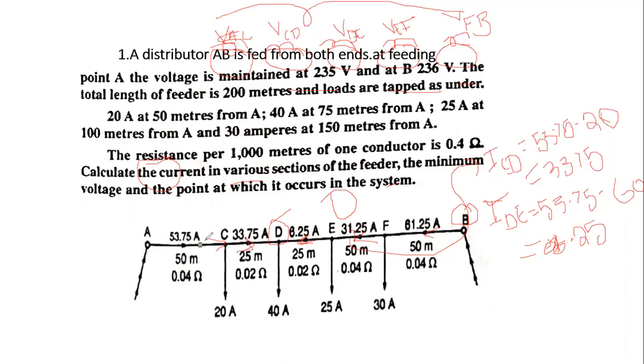Up to D point we take the directions like this, and after that we take the directions like this, when we obtain a negative value while calculating the currents at those sections. Like that we obtain the directions for the currents when the distribution is fed at both ends. Understand?